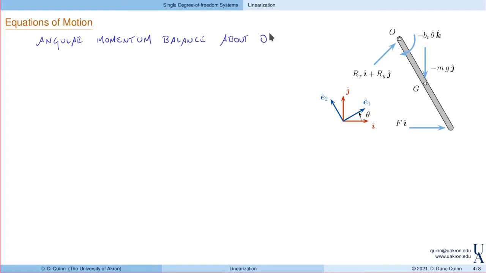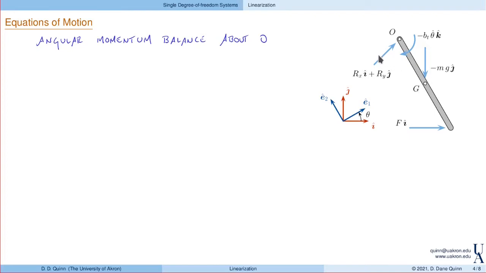I'll remind you from our background in dynamics that taking angular momentum balance for rigid bodies, we typically have three places that we'll take angular momentum balance, and for planar objects it reduces simply. One of those would be about the mass center. I can always take angular momentum about the mass center.